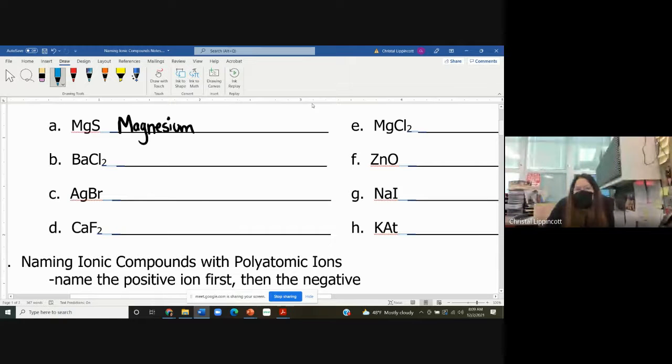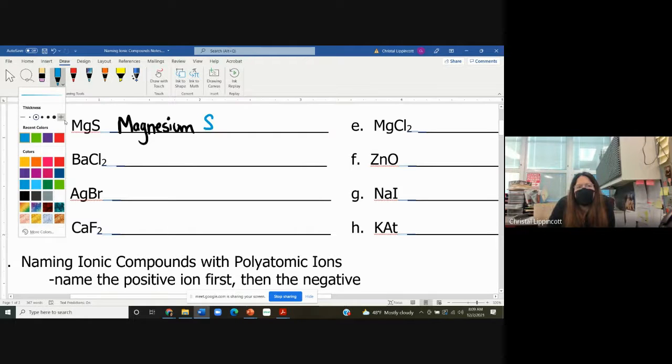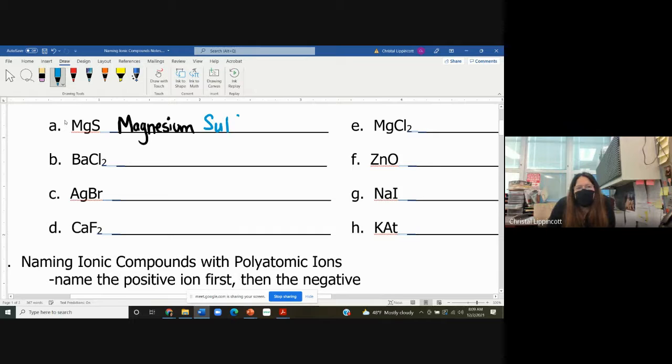It doesn't. And honestly, none of these first ones do, but I'm just telling you what the steps are. So if it doesn't, then you're going to just proceed to write what this is out. Okay? So this is what element? Sulfur. It comes from the periodic table, so what are we going to do to the end of it? Make it ide. So this is going to be magnesium sulfide. We're going to change the ending to ide for the anion.